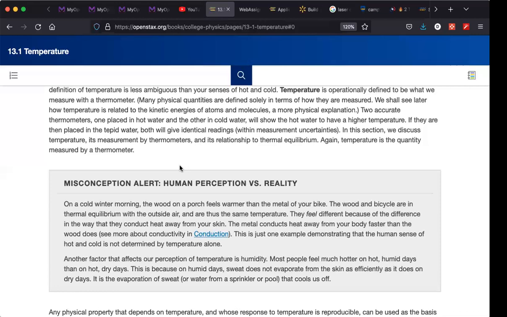Now, why do we have different perceptions of temperature? And this is the part that people really have a hard time realizing, because it's a thermodynamics thing. When we feel something that is cold and we perceive it as cold, why do we perceive it as cold? There are nerves in our hands that feel when energy moves through them.